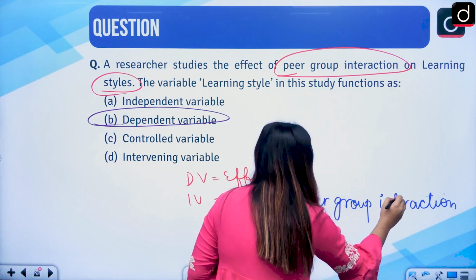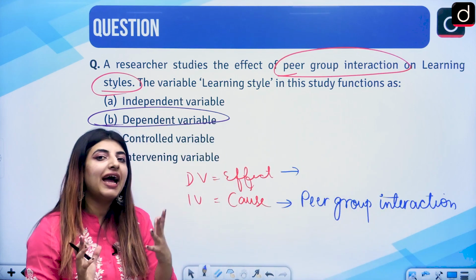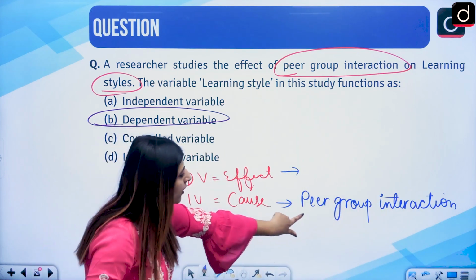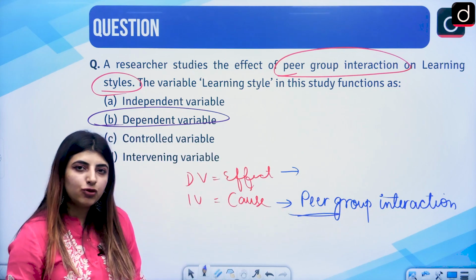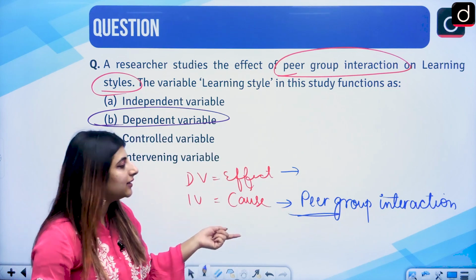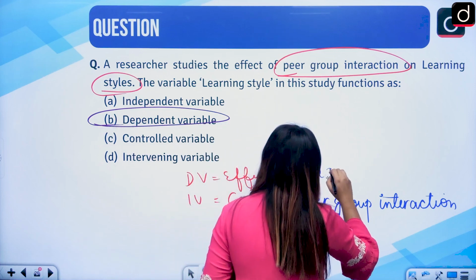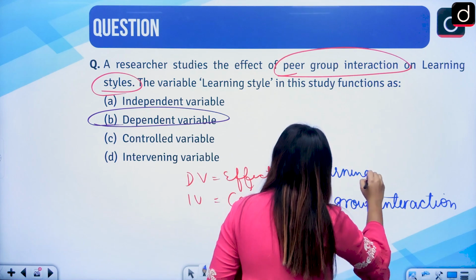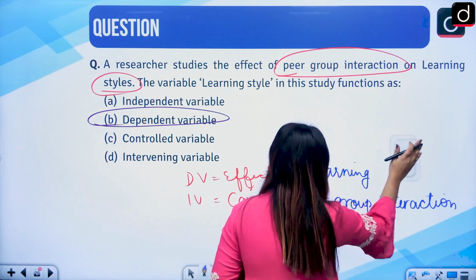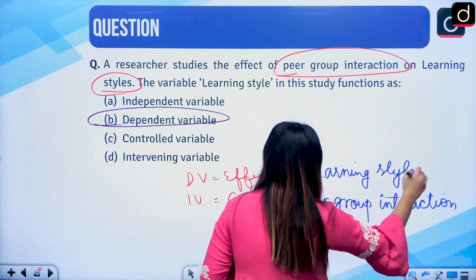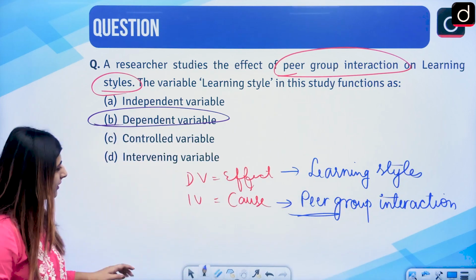And learning styles, which are changing and have a dependency on what kind of peer group I am choosing, that is the dependent variable. Learning styles. Correct?